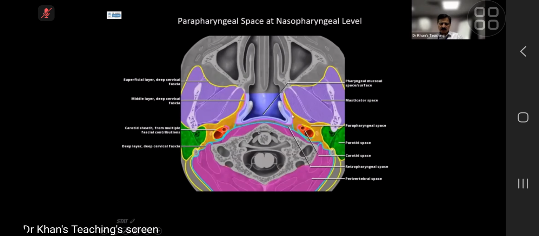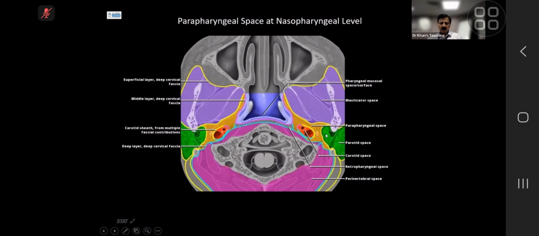So once again, a repetition here that this is the parapharyngeal space, which has got fat. This is the pharyngeal mucosal space, the nasopharynx. This is the masticator space, which is anterior. So this is medial. This is anterior and maybe anterolateral.